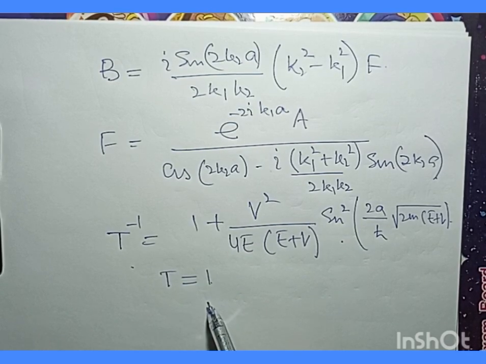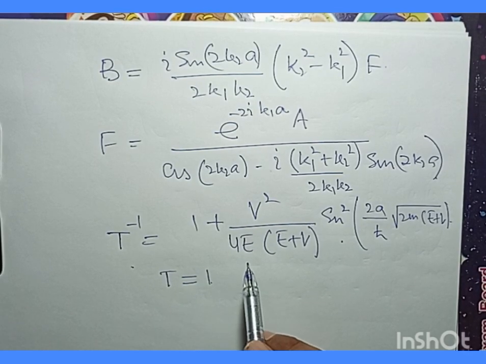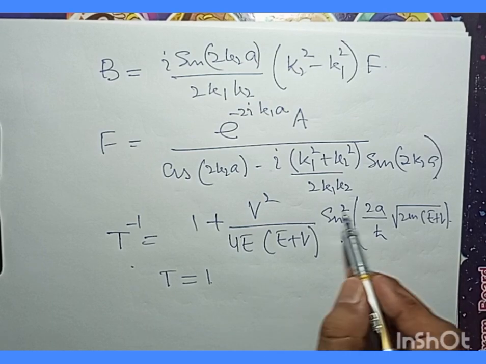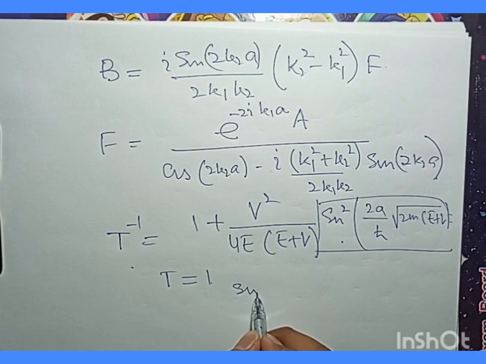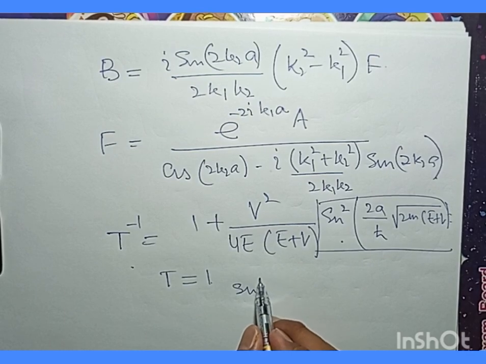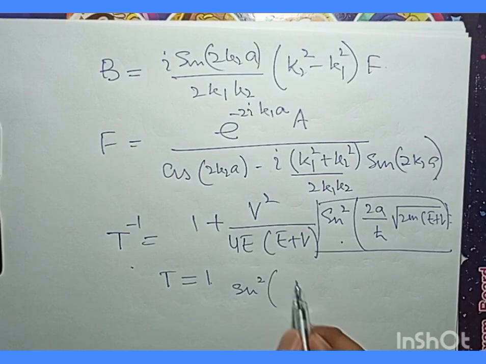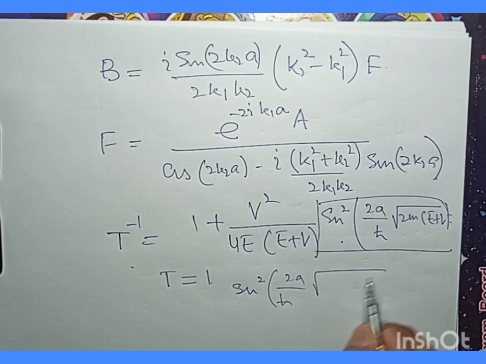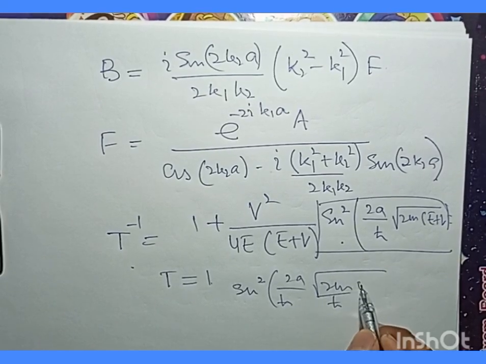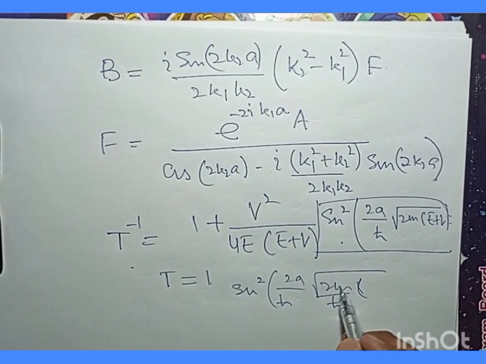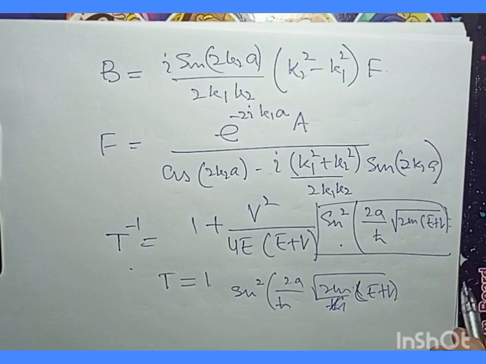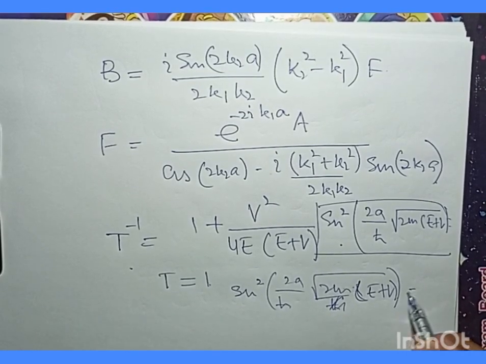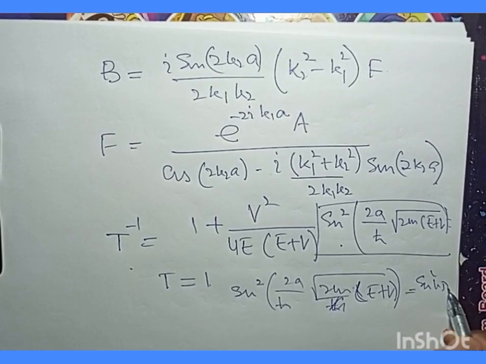The value of T comes out to be equal to 0, and we can have this sine square of 2a by h cross under root of 2m times (E plus V) must be equal to sine square of n pi.